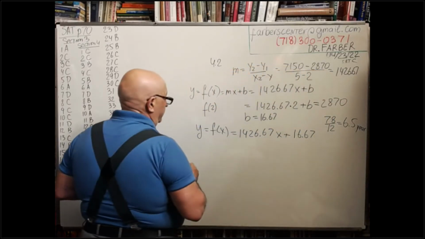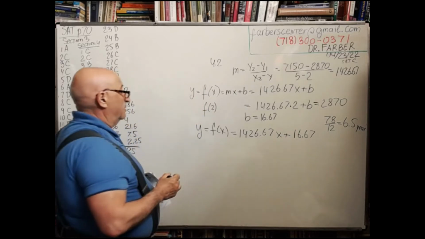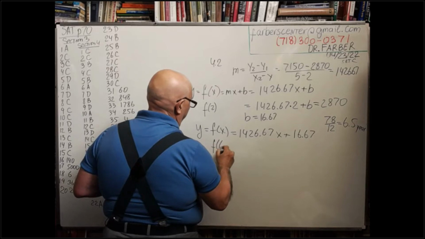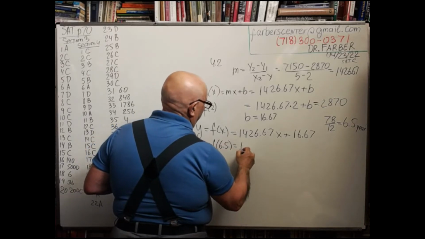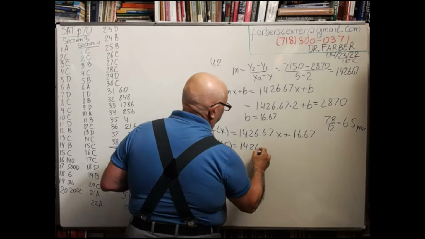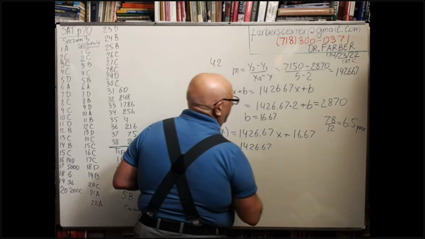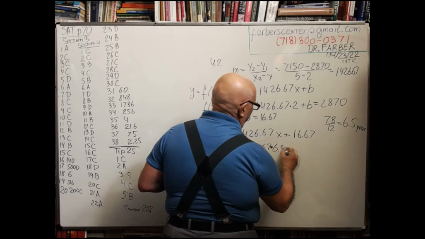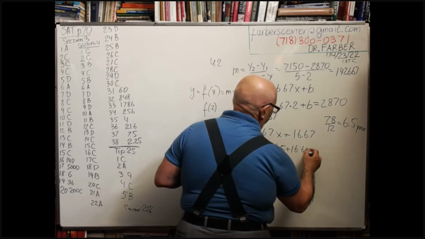And the very last step, since you have the function, f of 6.5 equals 1,426.67 times 6.5 plus 16.67.